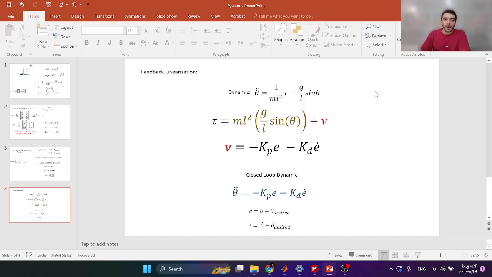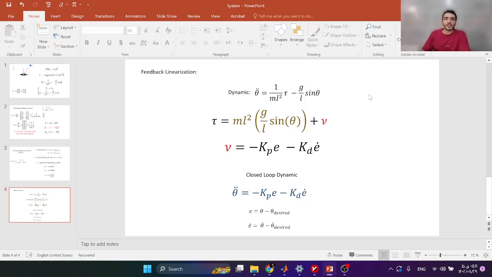Okay, as we know from the previous video, the dynamic of the system is this equation here that we wrote, the acceleration of the angle of the pendulum, and we extracted the dynamics.